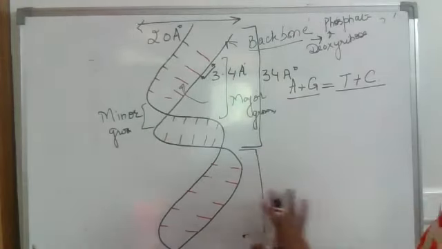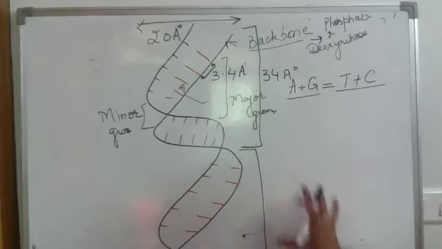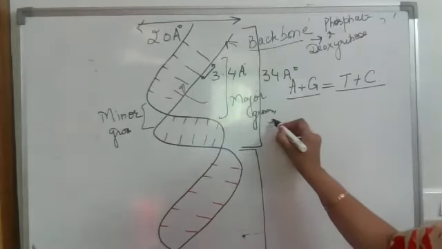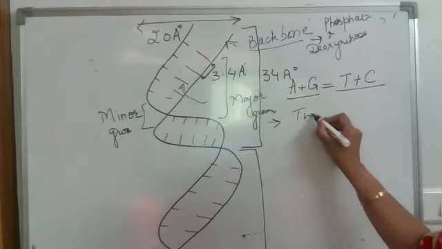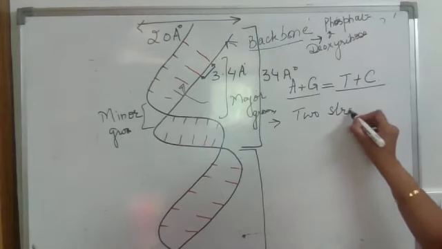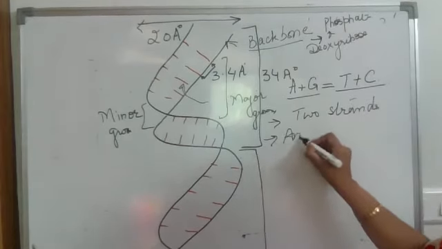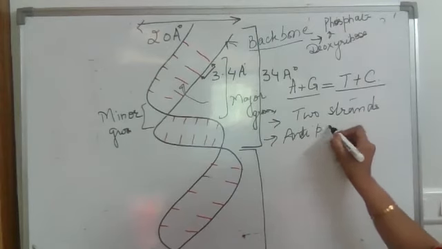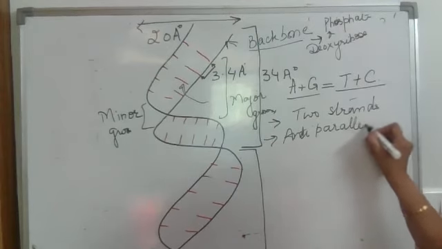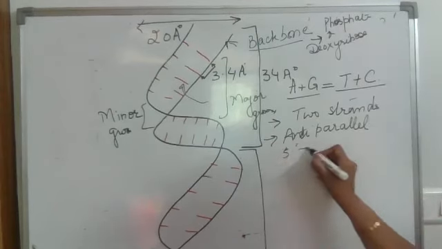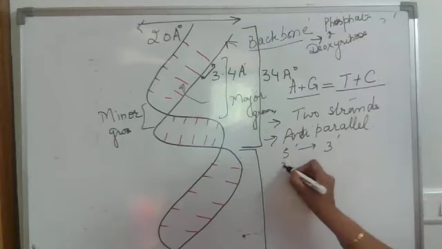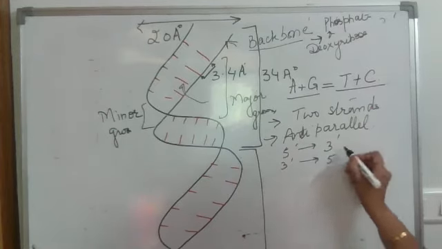So according to Watson and Crick structure, there are two strands. These two strands are anti-parallel. Anti-parallel, I have informed you, one is in 5' to 3' and the second one is 3' to 5'.